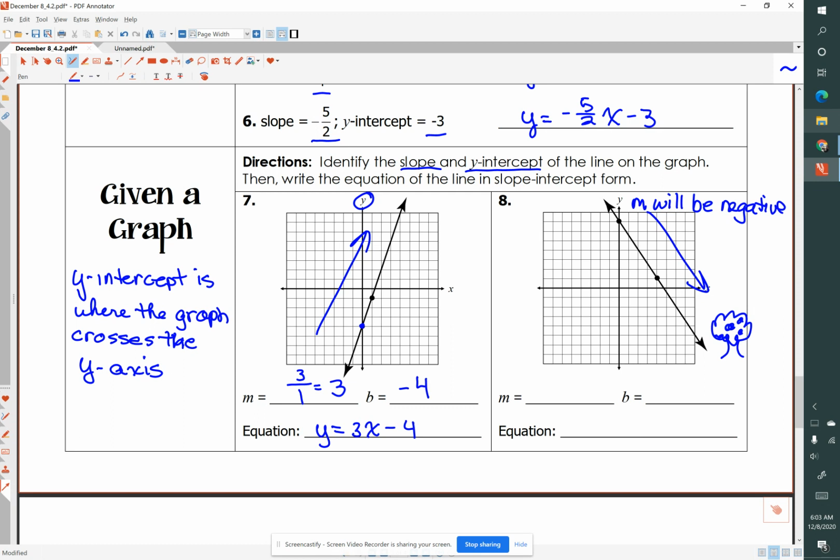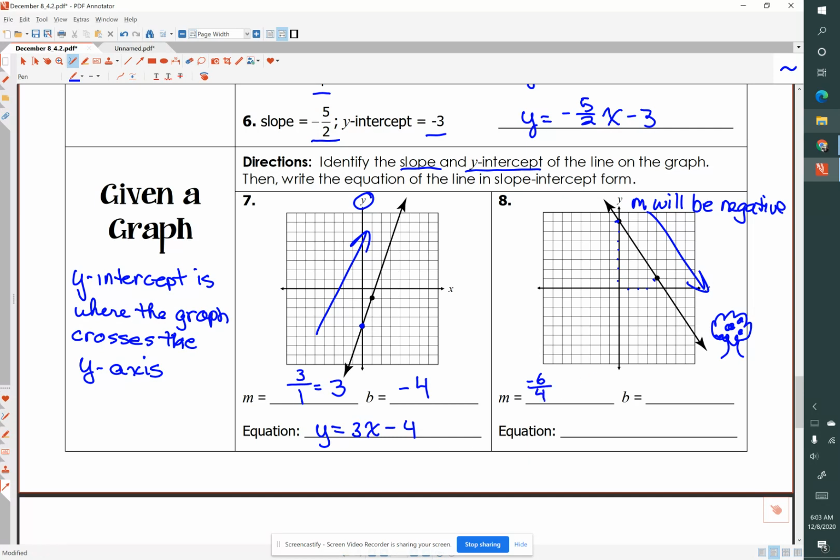So what is the m value? Let's take a look at the graph. Here's a point and here's a point. So we have a rise of -1, 2, 3, 4, 5, 6, a rise of -6 over a run of +1, 2, 3, 4.